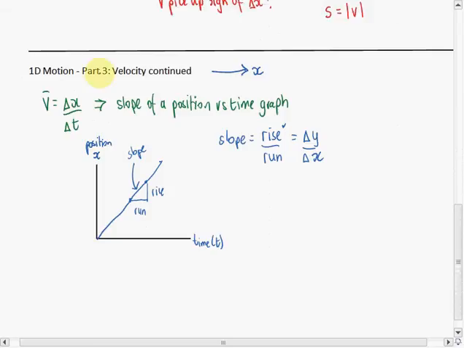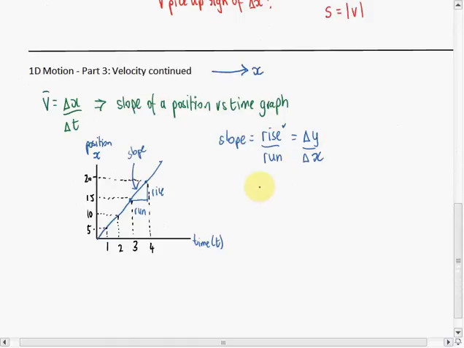So if I had to unpack that a little bit, let's say at 1 second I was at the 5 meter mark, then at 2 seconds I was at the 10 meter mark, then at 3 seconds I was at the 15 meter mark, and here at 4 seconds I was at the 20 meter mark.